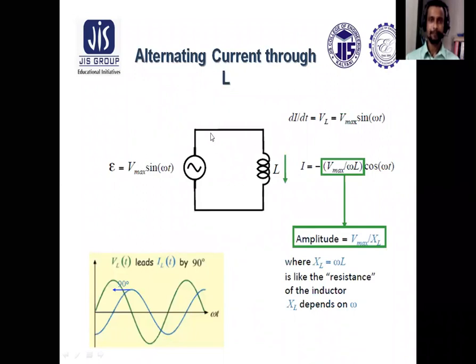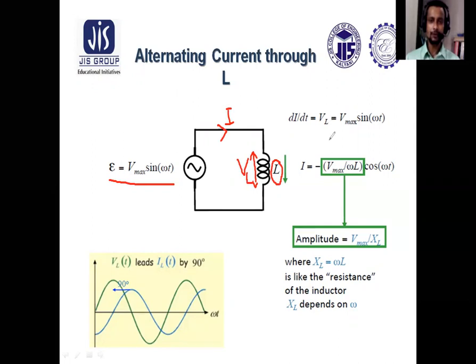Current through a purely inductive circuit, that is a circuit consisting only of L. This is Vm sin omega t. Here I is the current flowing. Now, if we consider the voltage across this inductor is VL, then what can we write?